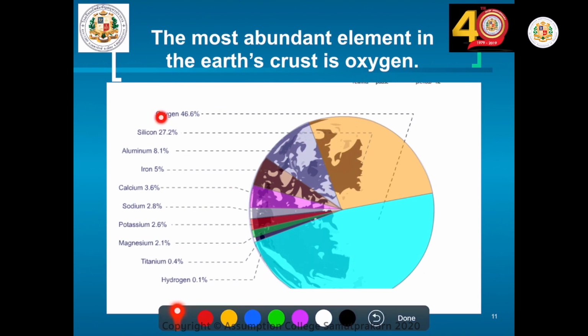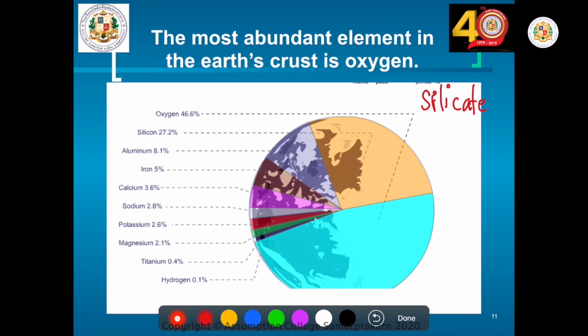From the example, you could see we have 46.6% of oxygen on Earth, so we have a lot. And aside from that, next to it is silicon, which is 27.2%. Now, this is why many of the rocks on Earth form what we call silicate rocks.